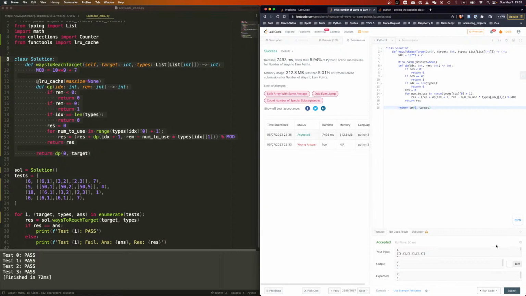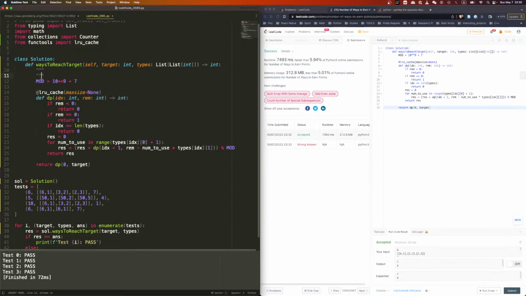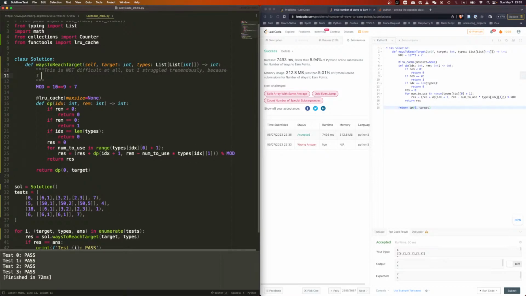There. It's not hard at all. I mean, this is not difficult at all, but I struggled tremendously because I messed up with the edge case checks.